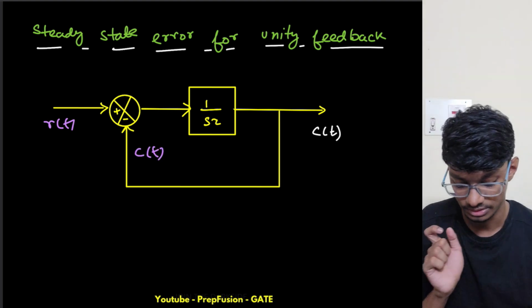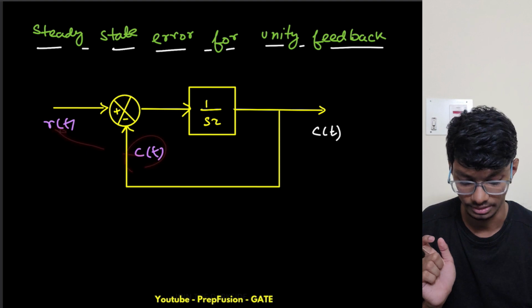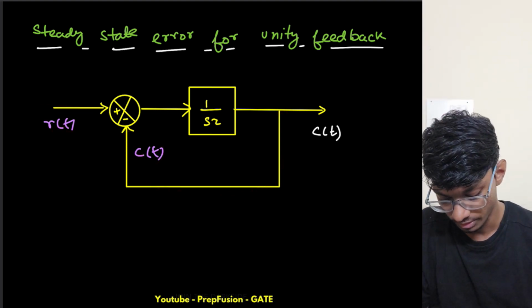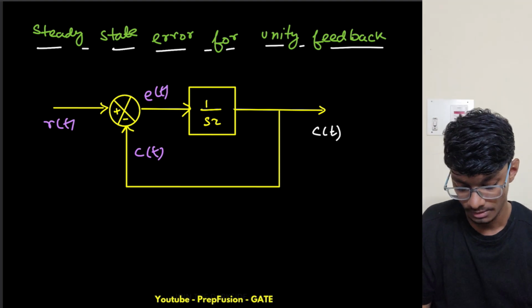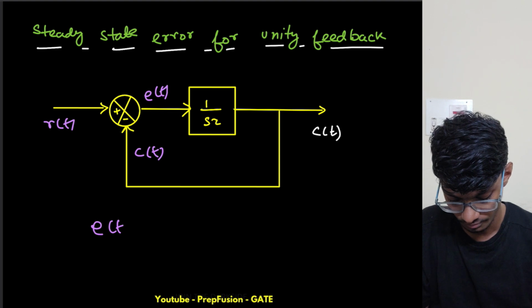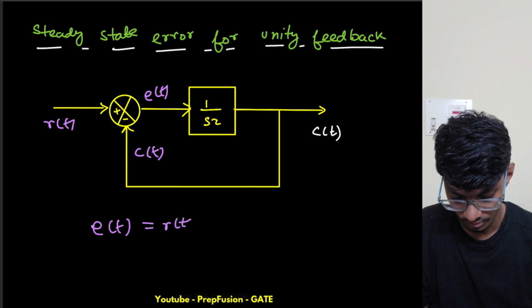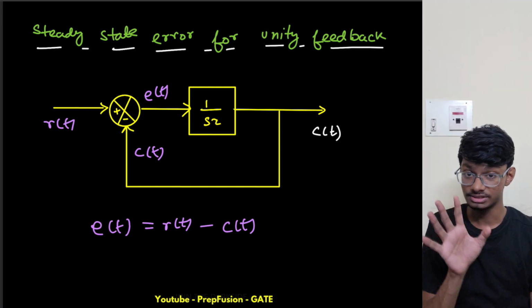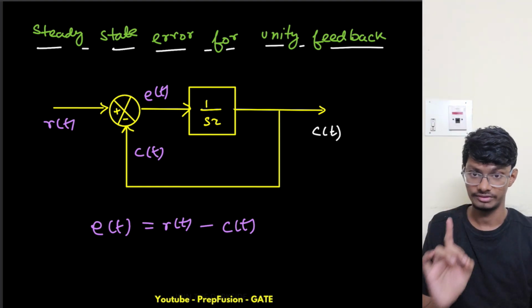It is directly tracking the reference signal. So this point will be my E of t, which equals R of t minus C of t. This is valid for a unity feedback system.